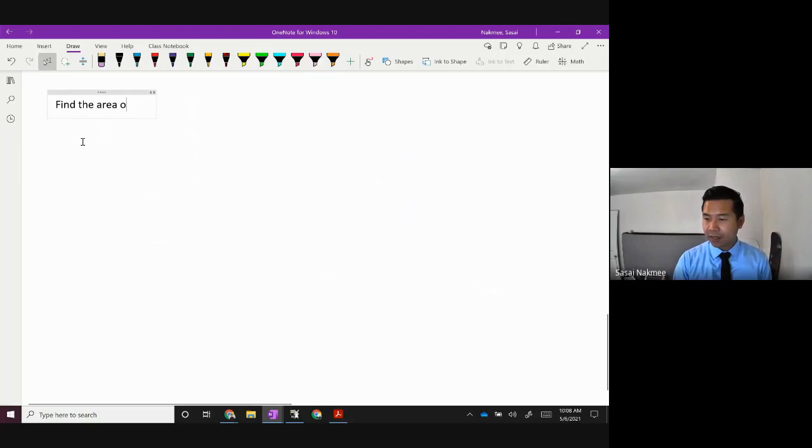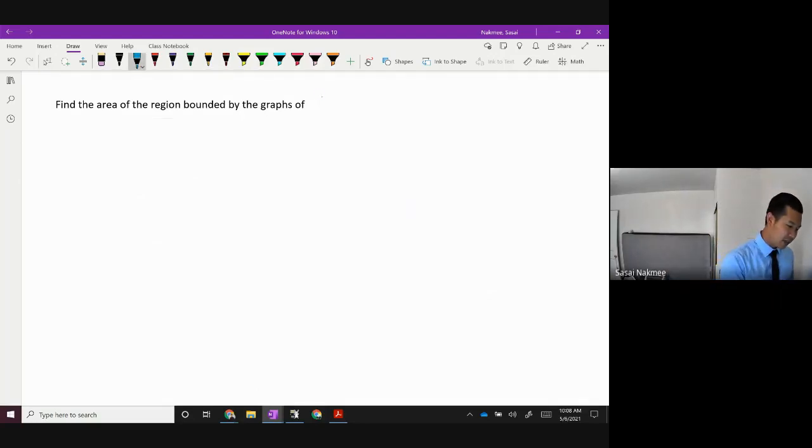Find the area of the region bounded by the graphs of f of x equals 2 minus x squared, and g of x equals x.